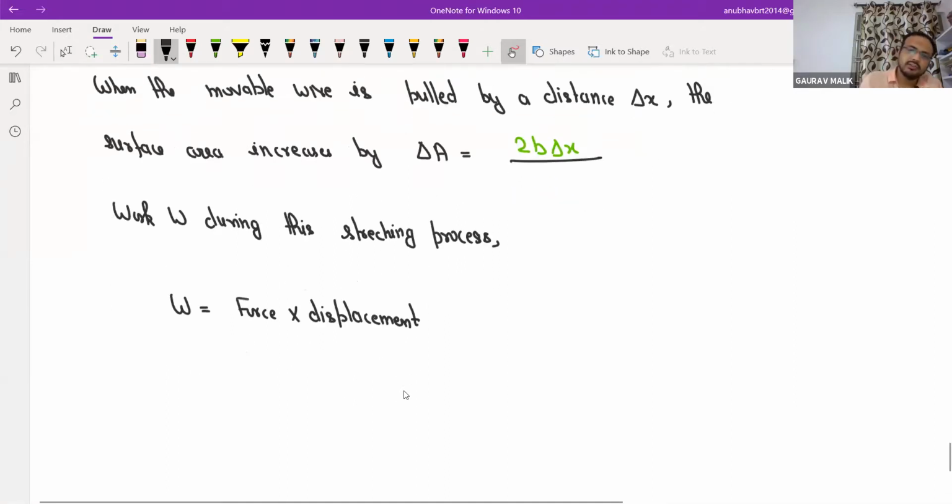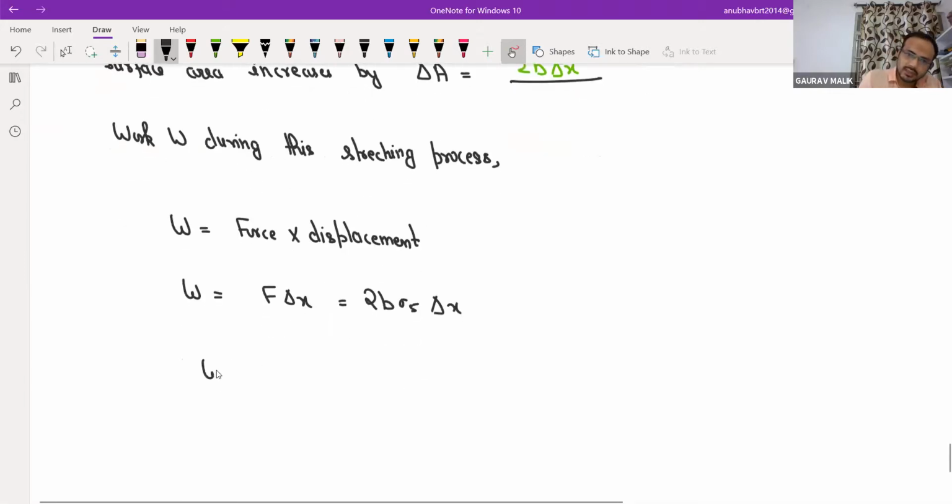So W is equal to F into delta x, and F is equal to 2b sigma s. So W is 2b sigma s into delta x, and we already know 2b delta x is delta A. So W is equal to sigma s into delta A.